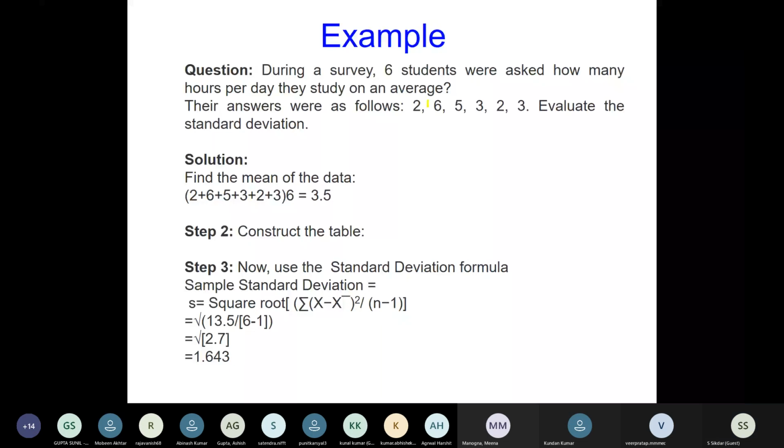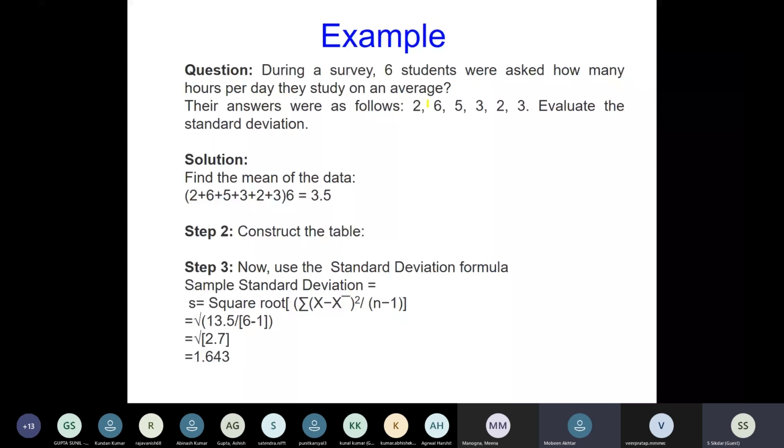Avinash Kumar. Okay, I don't hear from them. Nand Singh, you are there. Avinash Kumar is there. Okay. And Nand Kishore. Okay.